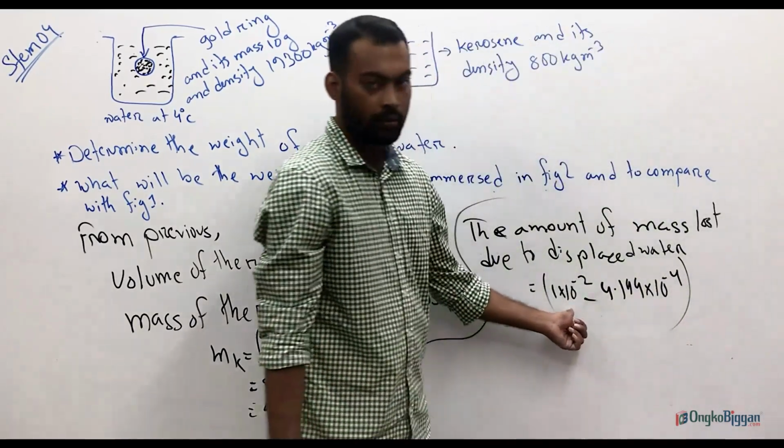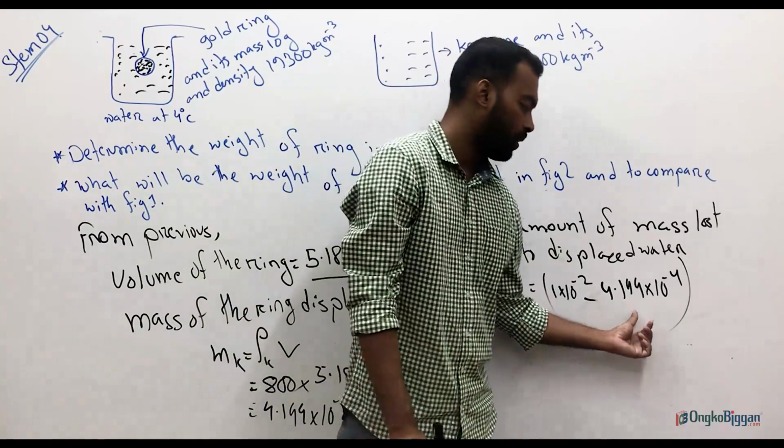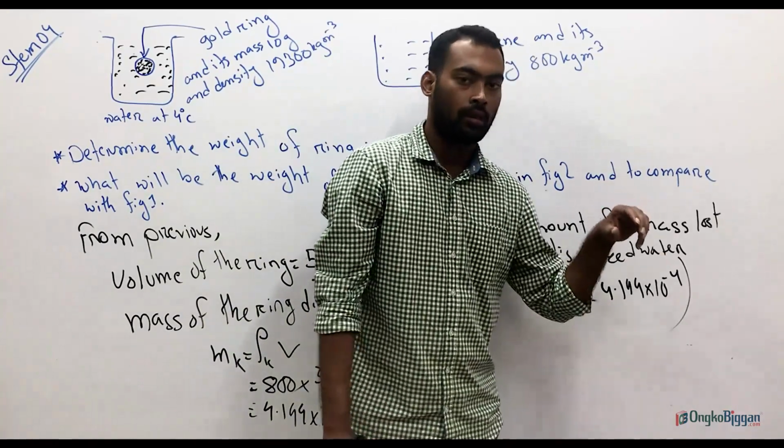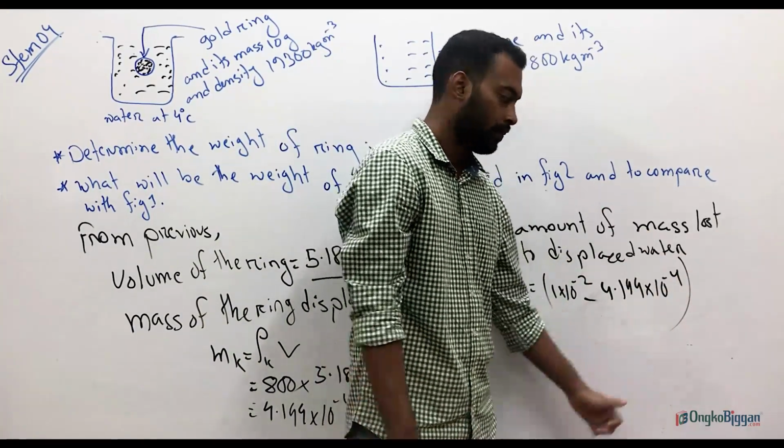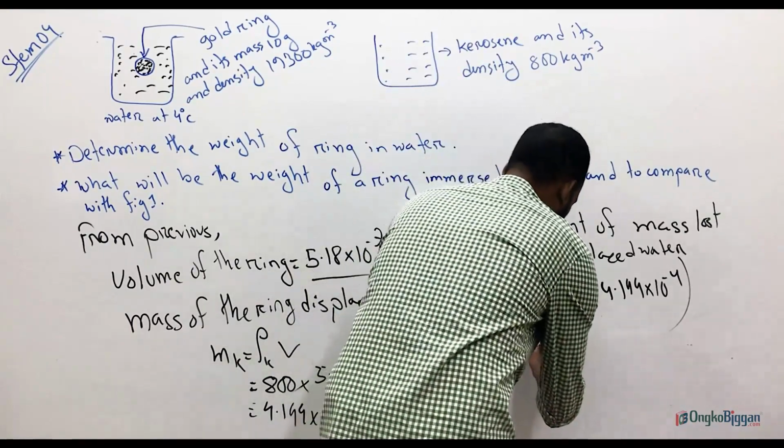So this was the initial mass of the ring, and this was the mass of the ring when it was dropped into the kerosene. So what is the amount of change in mass?